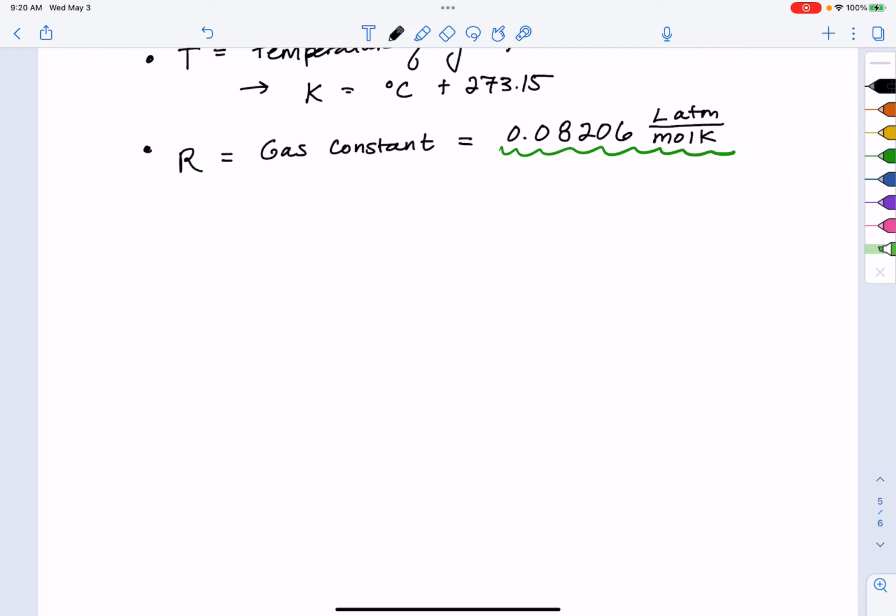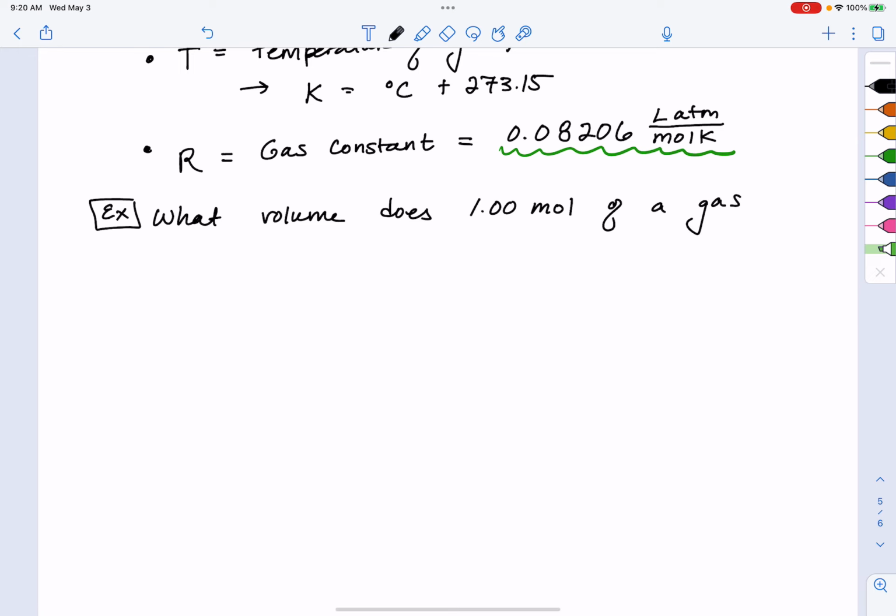So, for example, what volume does 1.00 moles of a gas occupy at standard conditions?